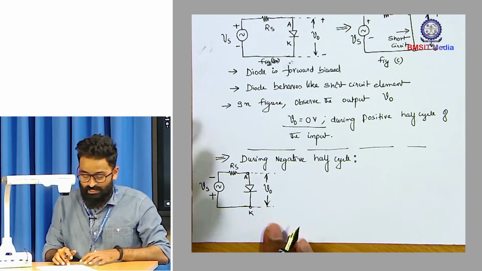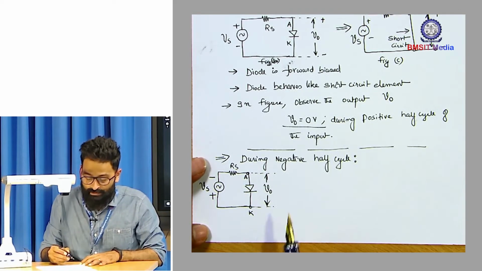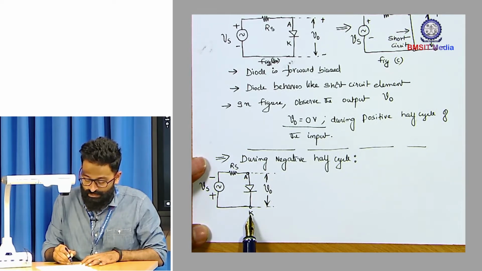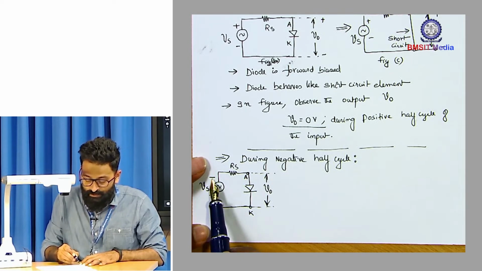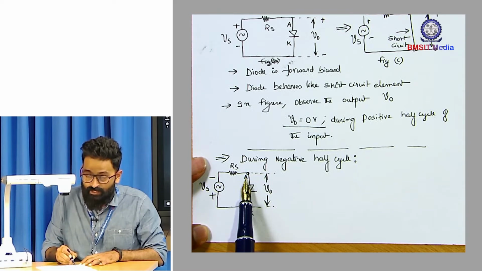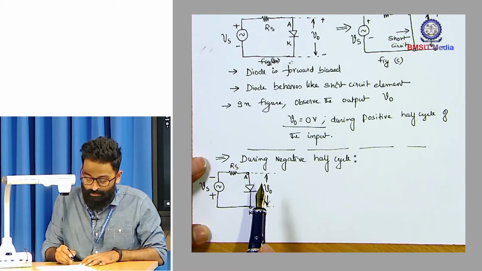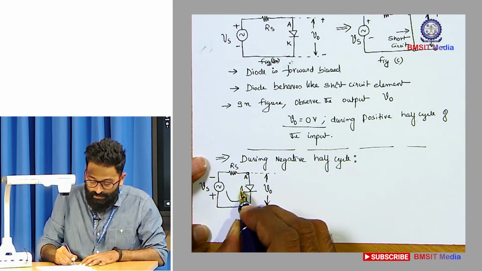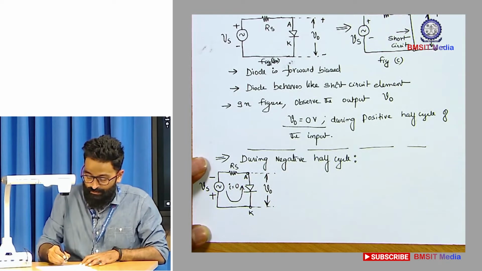As you can clearly observe, during the negative half cycle, the positive terminal of the source is connected to the cathode terminal of the diode and the negative terminal of the source is connected to the anode terminal of the diode. This connection leads to reverse biasing of the diode.